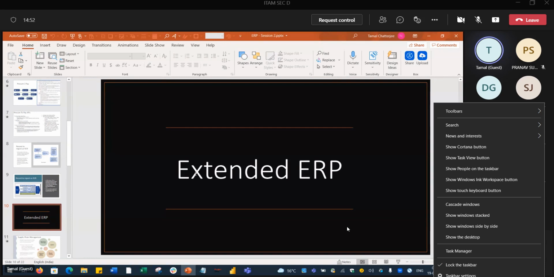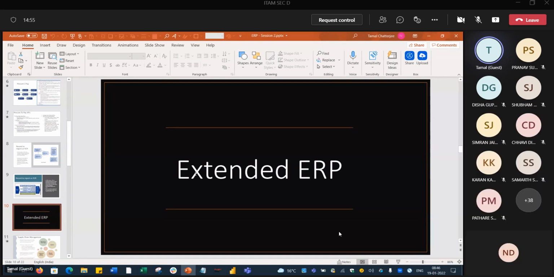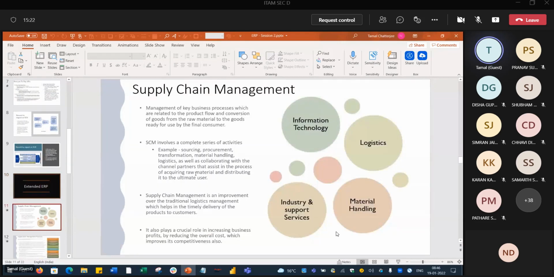You have to specifically ask them to include supply chain management and customer relationship management, these two modules, otherwise the ERP vendors will not support them. So I have given the name extended ERP. One is supply chain management, and after that we will see CRM, customer relationship management.